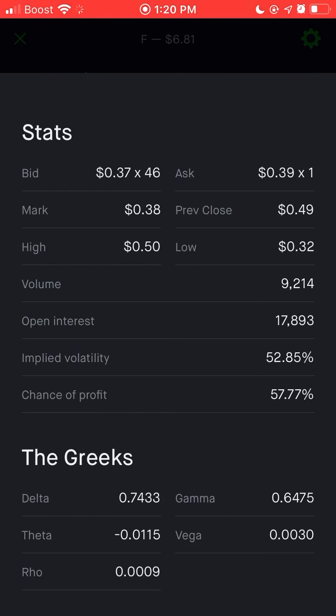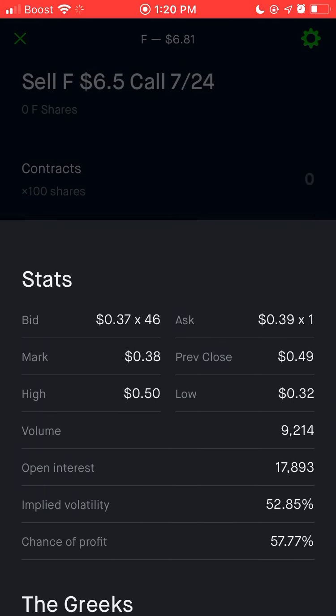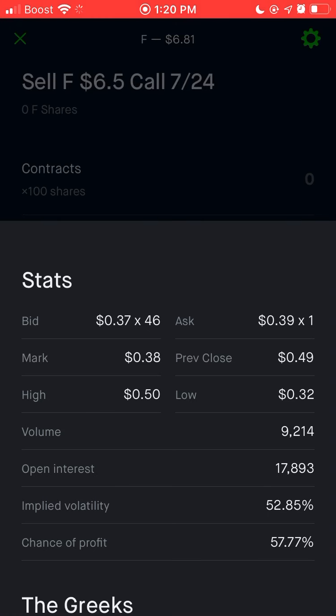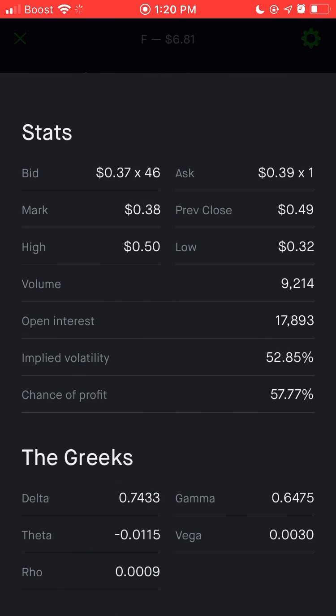So looking at this contract, the delta is 0.74, meaning if Ford goes up in stock price from 6.81 to 7.81, this contract will go up about $74.33 in value. Once again, gamma represents the amount it will go up for each dollar after the first dollar.